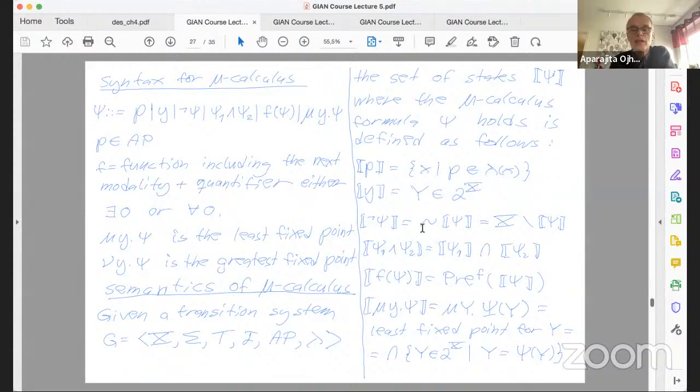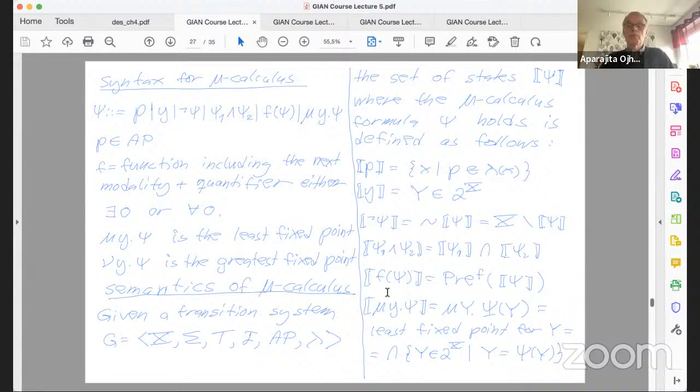That is the same as the complement of the states where psi is true, so it's the capital X set minus psi. The logical operator conjunction corresponds, in the set operations, to the intersection.